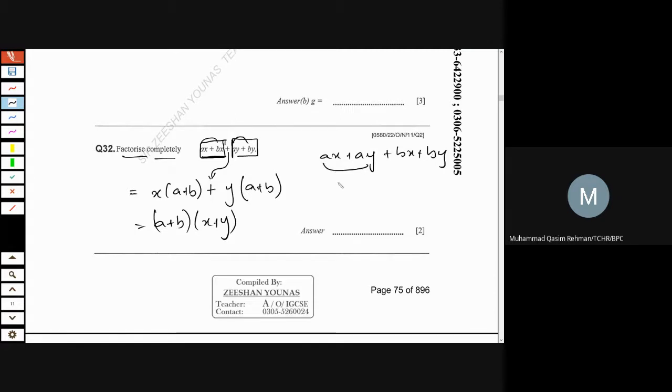So what is common from the first two terms? A, you're left with x plus y. From the last two terms, you have b as common. You're left with x plus y. Make sure they have to be same. X plus y is taken out as common. Then we have a plus b. Now the students know they have to be same. So the first one is fine. The second one, they make it same forcefully.